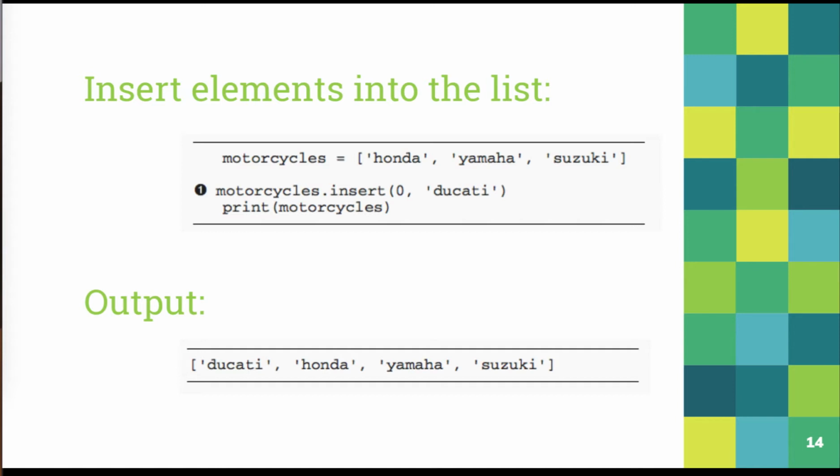That is the index that this item will have. And everything else will bump up 1 to accommodate that. So you see the output, Ducati is at 0, Honda is at 1, Yamaha 2, and Suzuki 3, because there are 4 items in our list. Make sure the insert method is working for you before you move on.